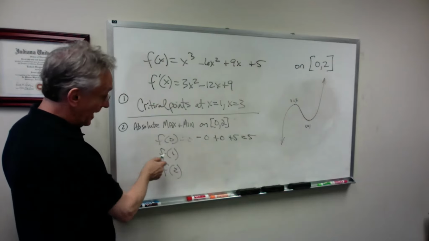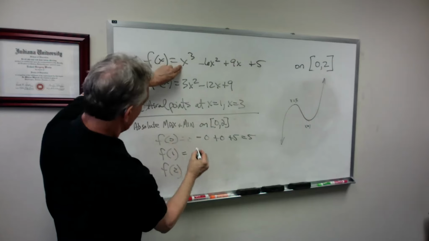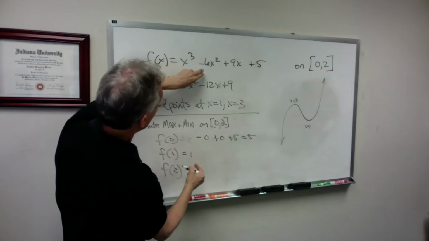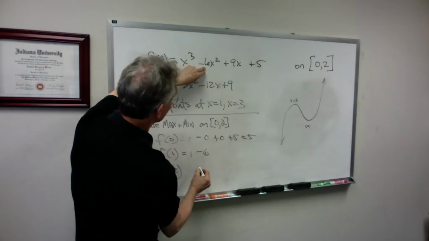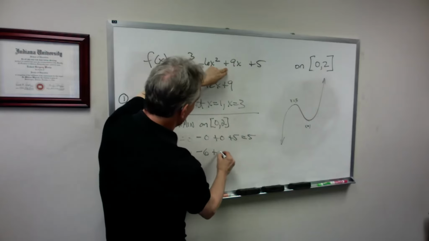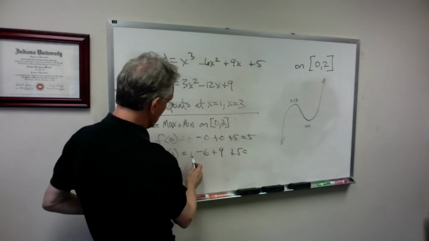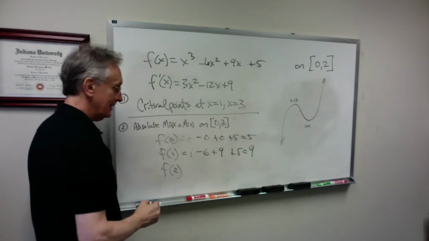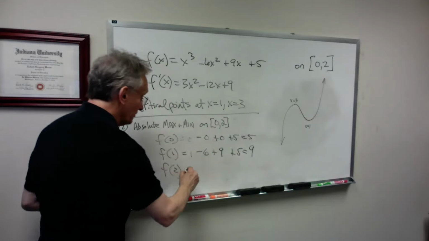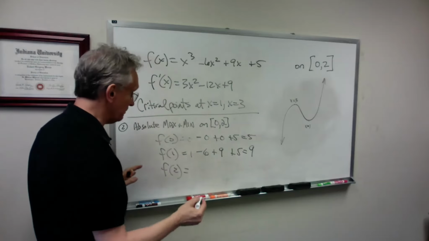Now the critical number we found was 1, so let's plug that in next. We get 1 cubed is 1, minus 6 times 1 is minus 6, plus 9 times 1 is 9, and 5 is there. So that gives us 10, 15 minus 6 is 9. f of 1 equals 9. And then for f of 2, there's going to be a little more complicated calculation. Let's plug in 2.